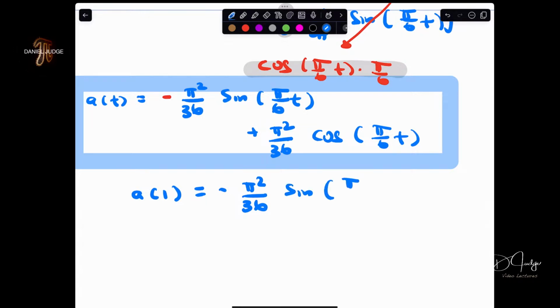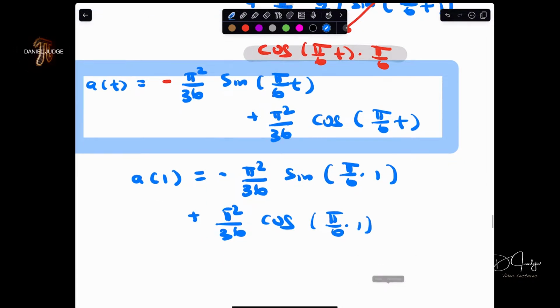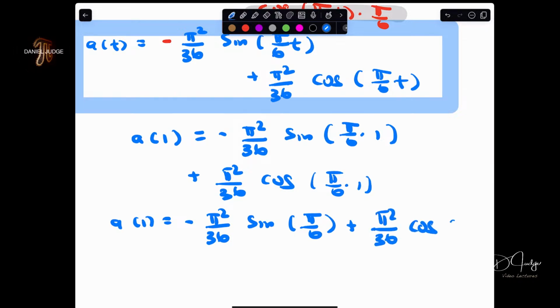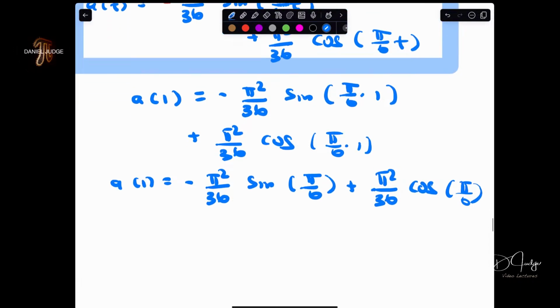Sine pi over 6 times 1 plus pi squared over 36 cosine pi over 6 times 1. So we get minus pi squared over 36 sine pi over 6 plus pi squared over 36 cosine pi over 6.